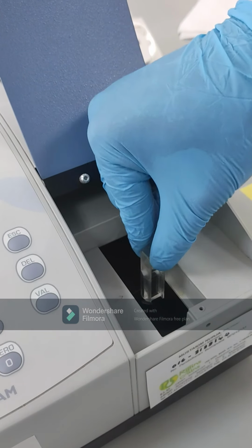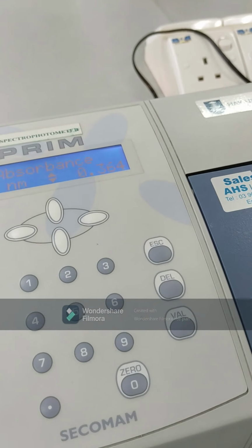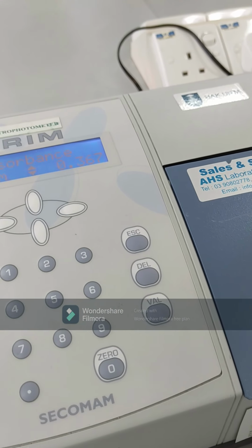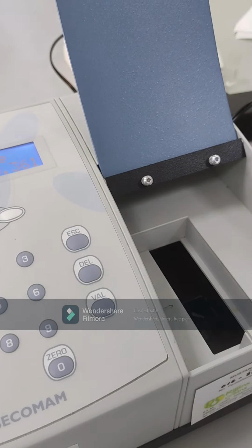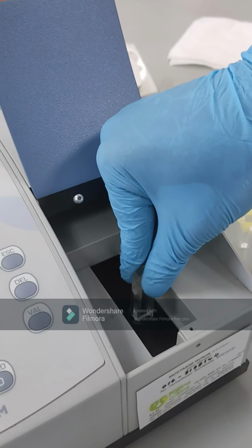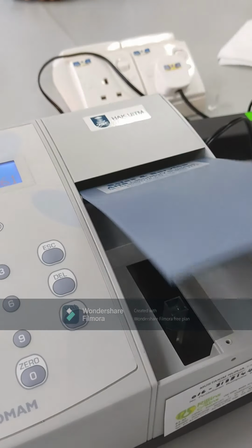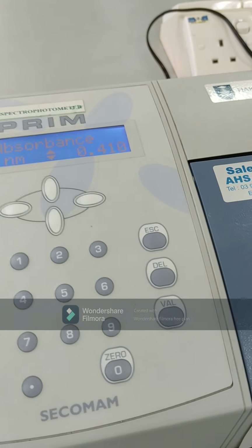From that, you can plot the Lineweaver-Burk graph. To plot this, you need a bit of calculation to convert to 1 over substrate and 1 over velocity of enzyme. One thing you also need to know is how to convert from volume into concentration.